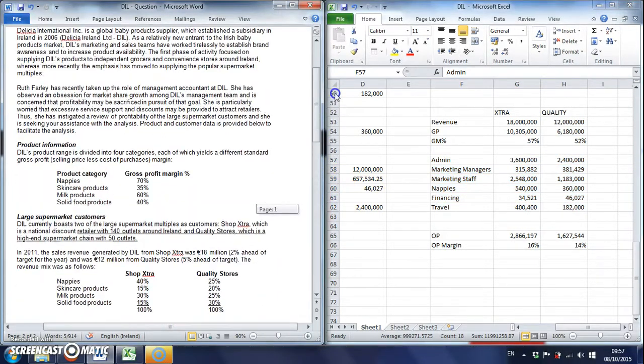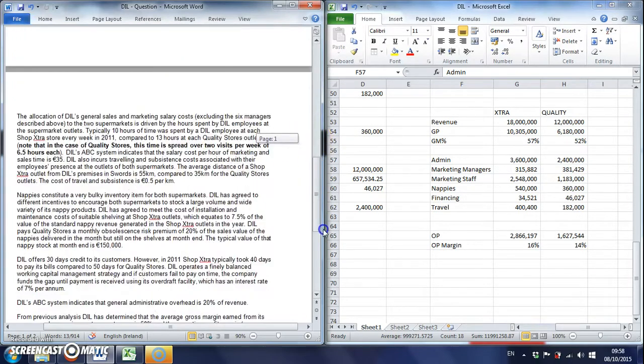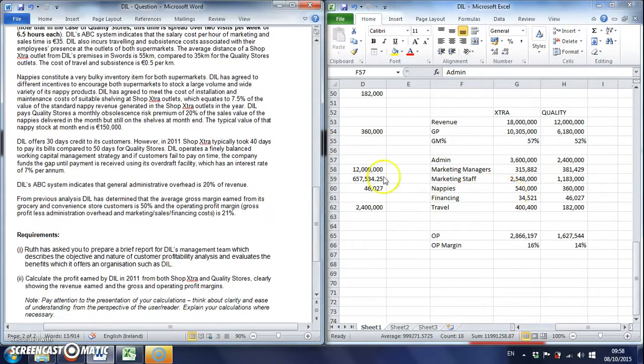So she said she was worried, and again, it's important for good students to pick this up. She's particularly worried that excessive service support and discounts, such as here, may be provided to attract retailers and affect the profitability. So essentially that's reflected in the numbers. While gross margins are more profitable, at operating profit they're less profitable.